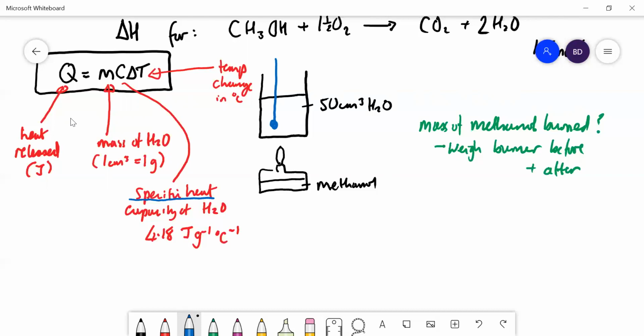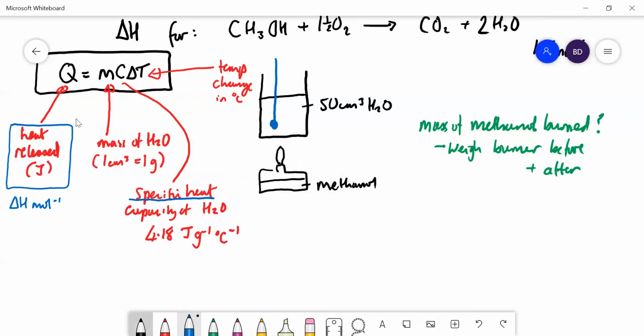Okay, so let's get some results for that experiment. We're going to work out delta H. Oh, by the way, is this heat released here the delta H per mole? Well, it's not, is it? Because we need to convert that.